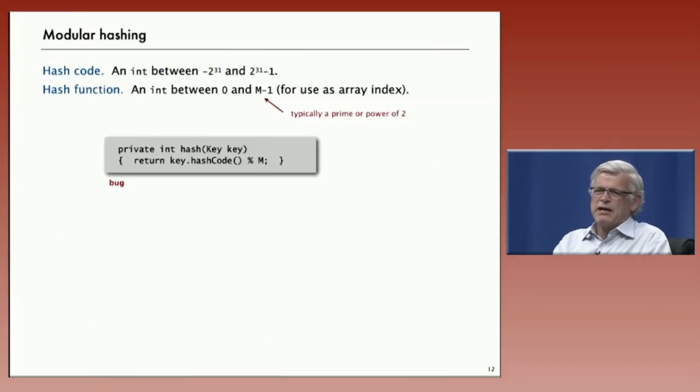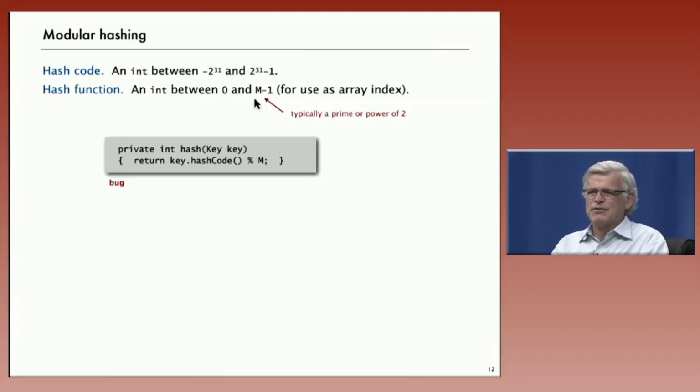Now, what we get back from a hash code is an int value that's between -2 to the 31st and 2 to the 31st minus 1. What we need, if we have a table of size m, an array of size m that we're going to use to store the keys, is an int value between 0 and m minus 1.